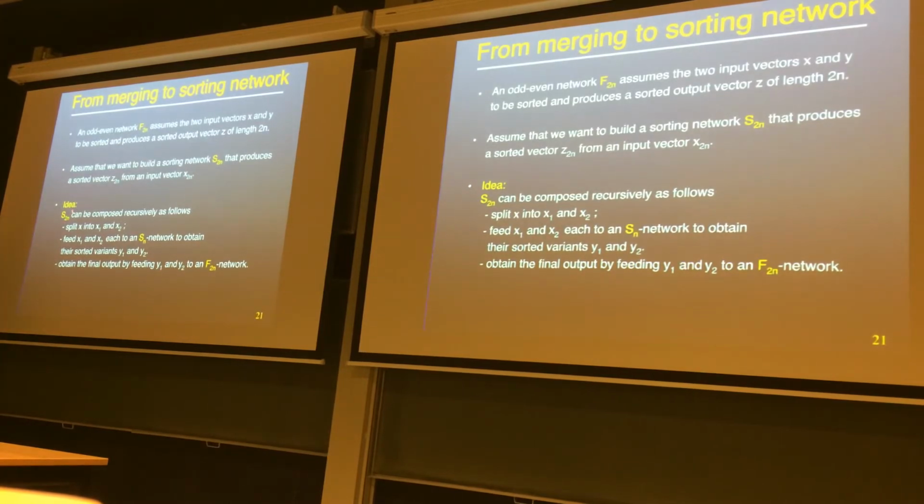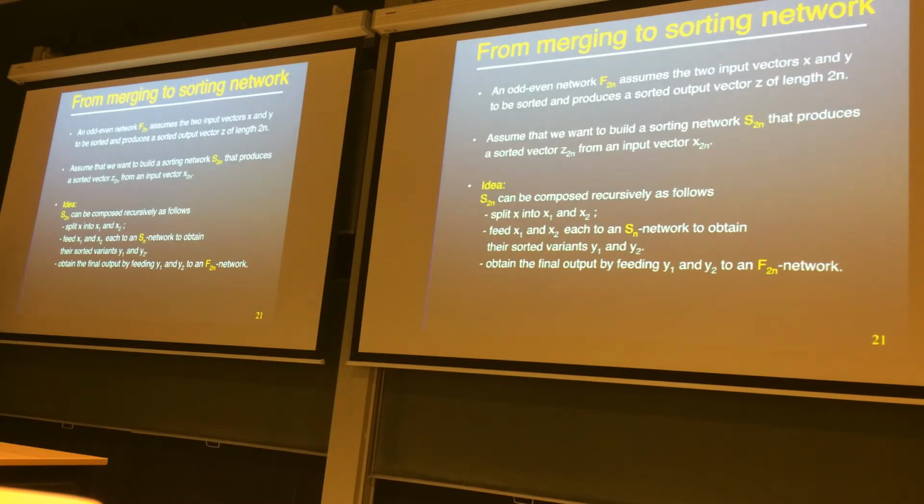Well, this network can be built as follows. You split the original input into two inputs, x1 and x2. You feed each of them to a sorting network, but now of size n. So x1 is fed to the first network, x2 to the second network.